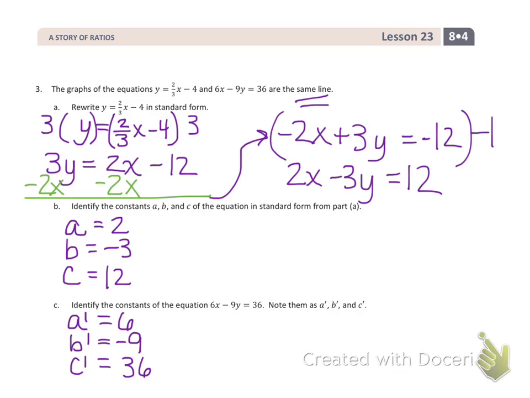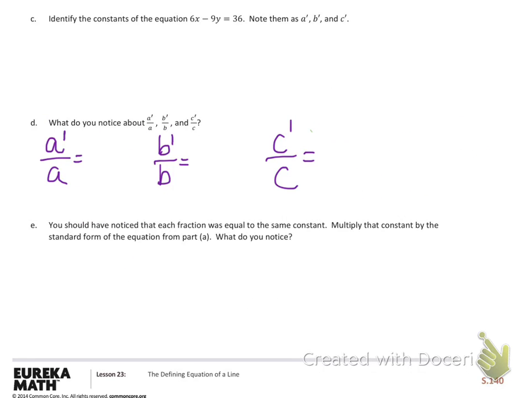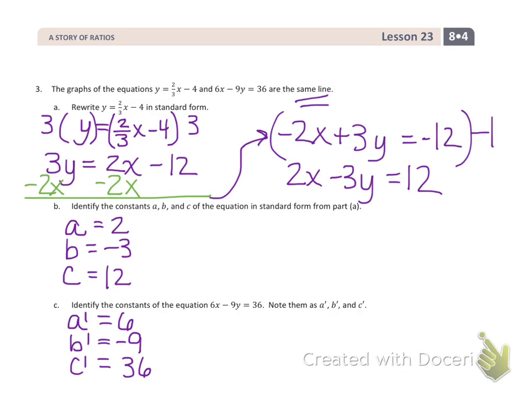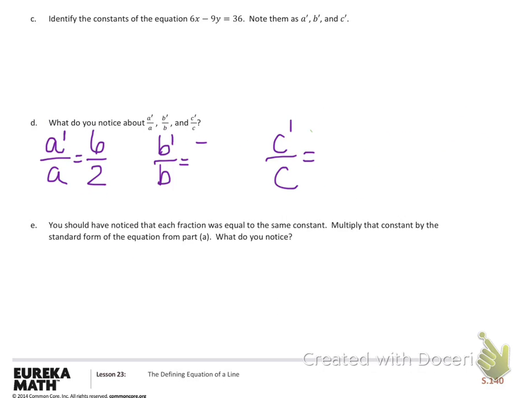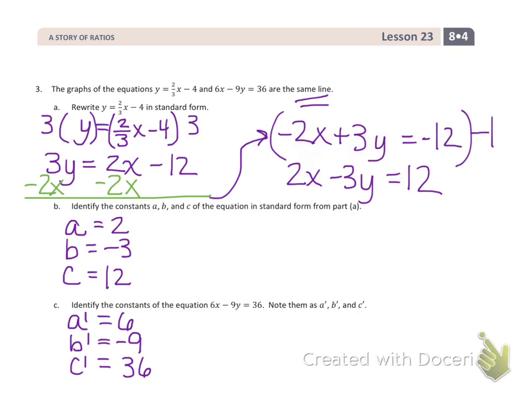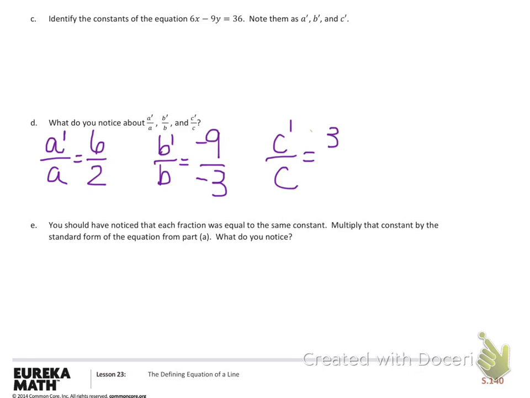So a prime over a would be 6 over 2. And then b prime over b would be negative 9 over negative 3. And then c prime over c would be 36 over 12. Okay, so each one of those ratios has a value of 3.